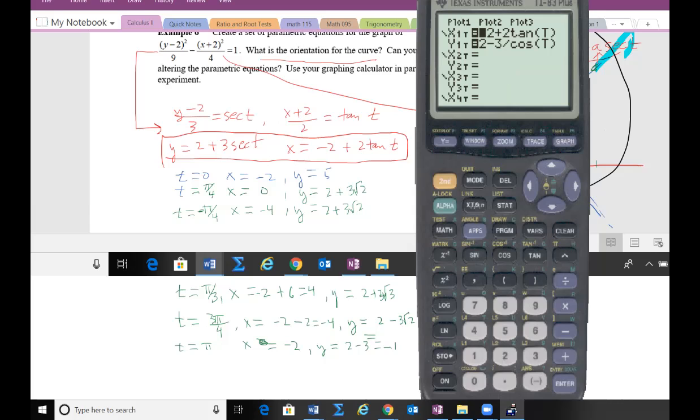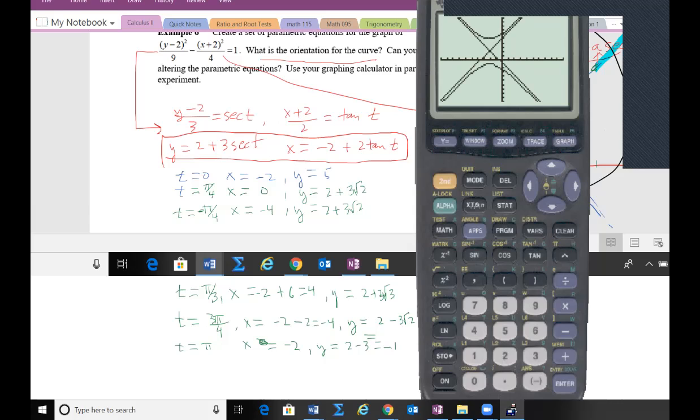Let's change the other term to a positive since it was negative. Okay, and let's see how that affects it. Ah, it's still giving me the same thing. So what we changed didn't really do anything. It gave us the same exact orientation.